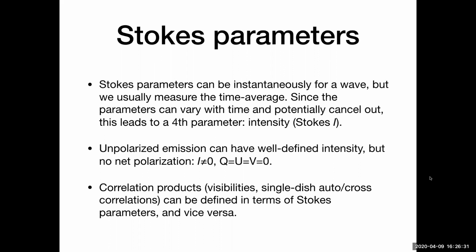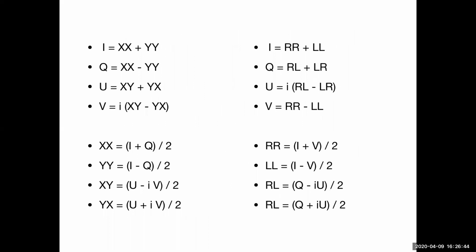All of this can get propagated through, including the fact that every antenna is only sensitive to one polarization state. That yields these sets of equations, which govern the relationships between Stokes variables and correlation products.